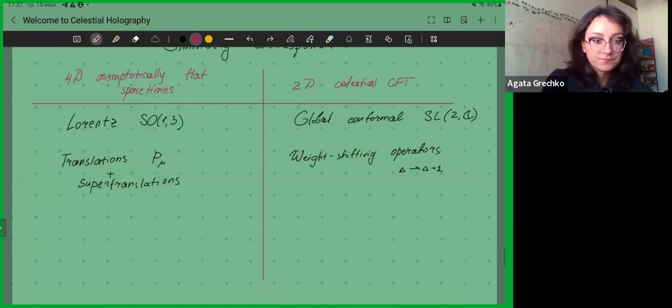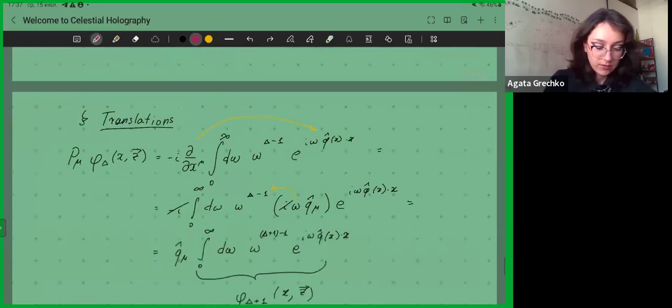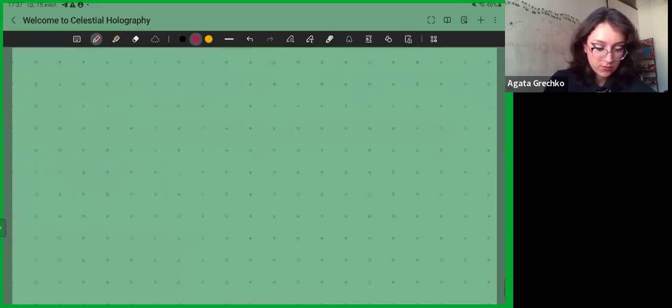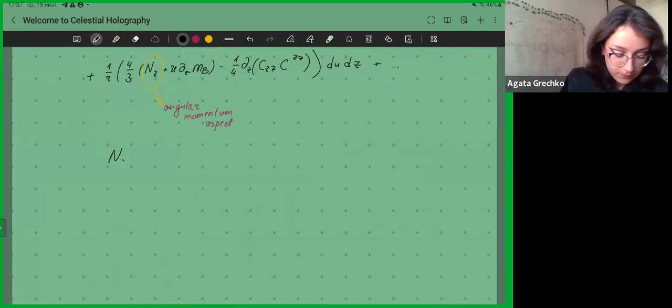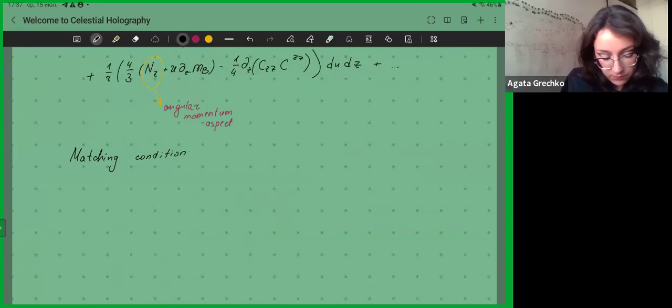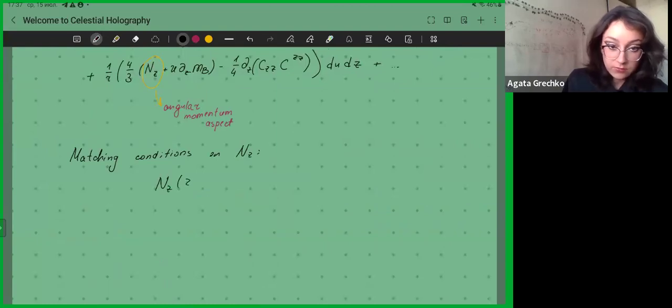So if we also introduce the following matching conditions on N_z, our angular momentum aspect, absolutely analogously, so the N_z on future null infinity and past null infinity, you understood, right?